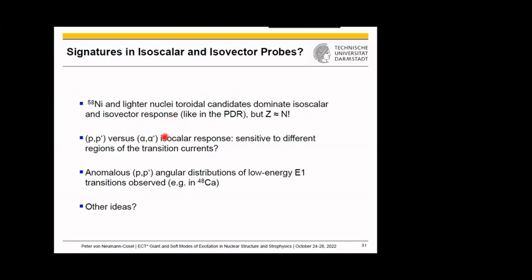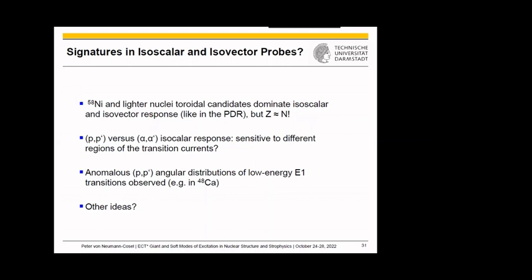Like the picture in the pygmy resonance in neutron-rich nuclei. But as I said, now we are talking about nuclei where we have no neutron excess or very little. So it seems some kind of signature for these toroidal candidates that they are in the low energy part and are strong in both isoscalar and isovector response.